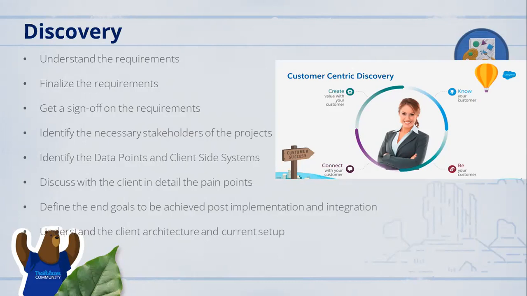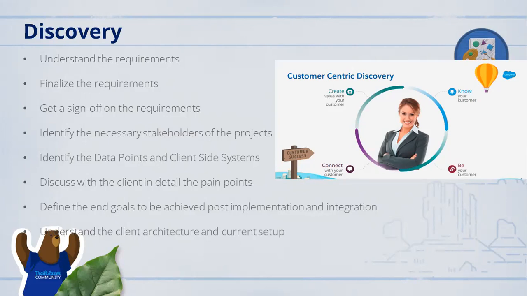Define the end goals that we want to achieve post implementation integration, and completely understand the architecture of the client so that you can provide a solution to the customer at the end of the implementation integration. So that's where we start with discovery.